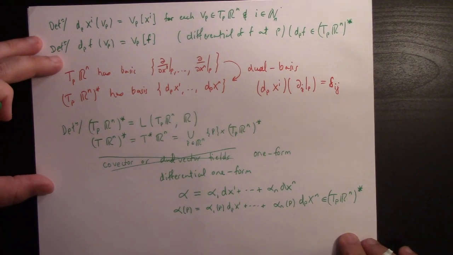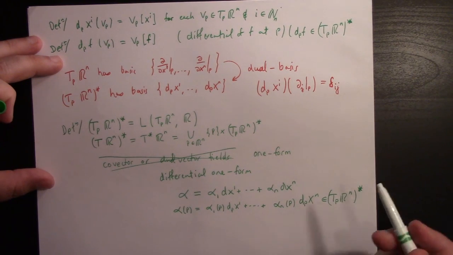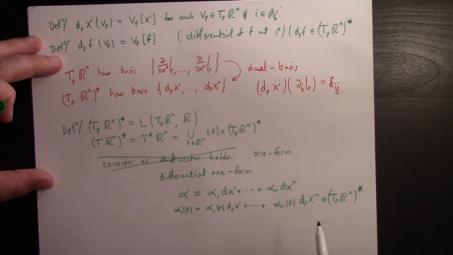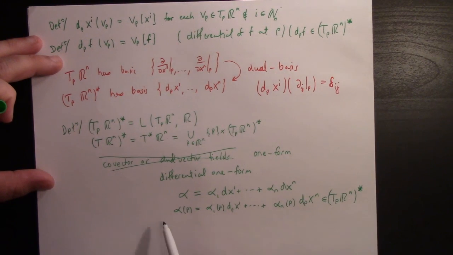But basically, vector fields and one forms both have functions as their coefficients, and there's a natural way to put vector fields and one forms together. If I take alpha a one form, and X a vector field, then alpha of X would naturally be a function.